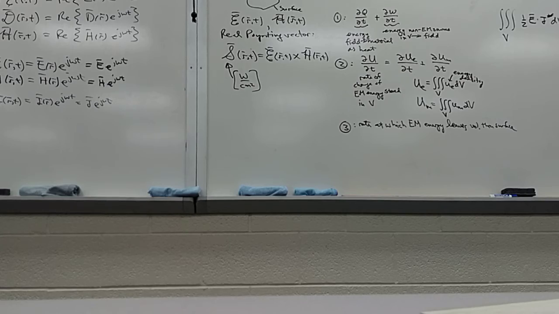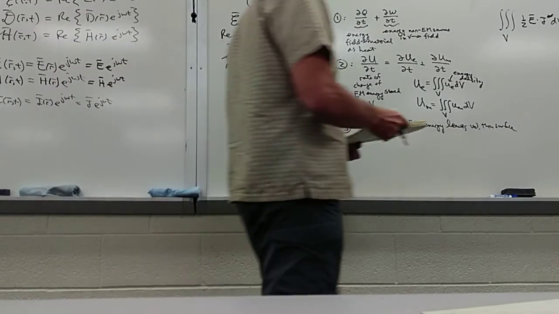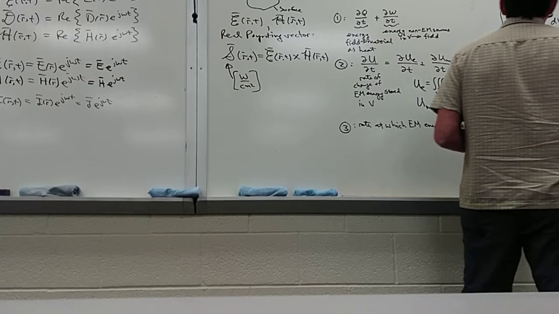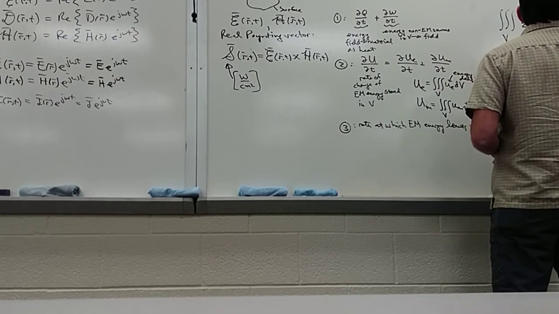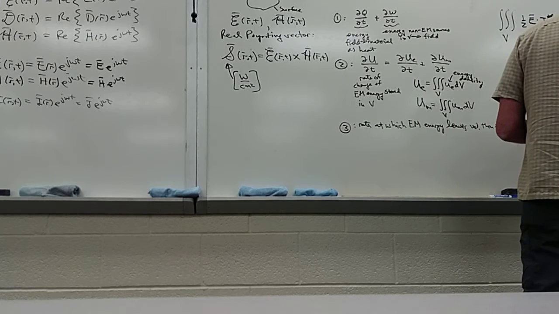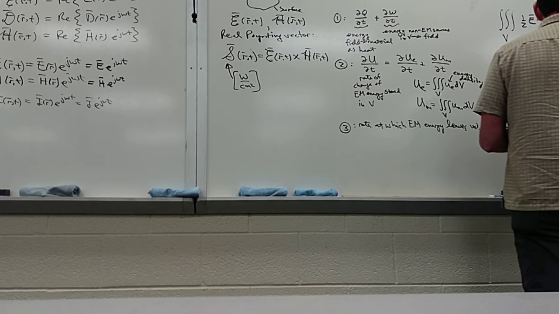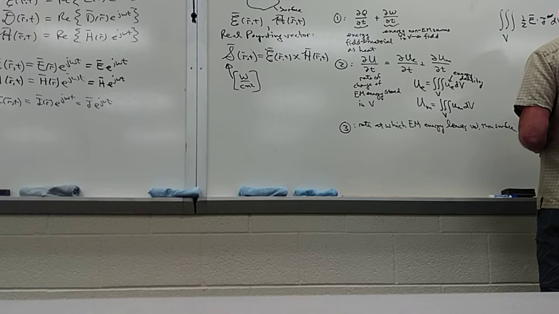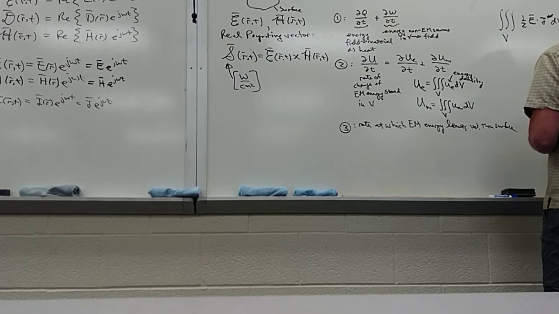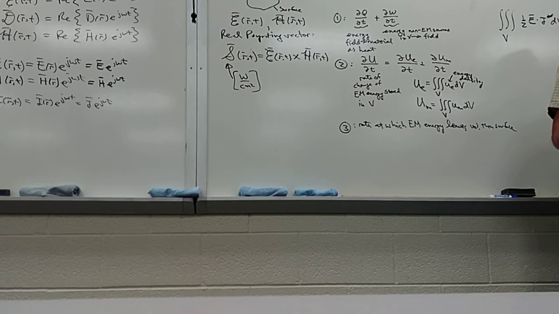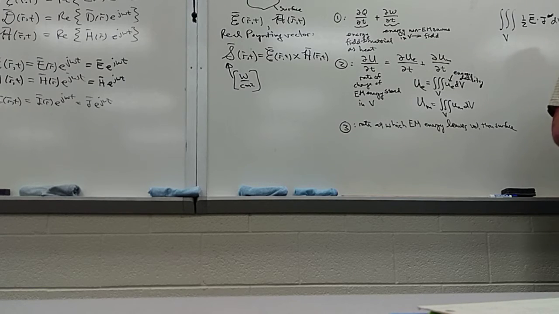Okay. Now the second term becomes minus j omega times the integral over the volume of 1/2 E dot D complex conjugate minus 1/2 H complex conjugate dot B dV.